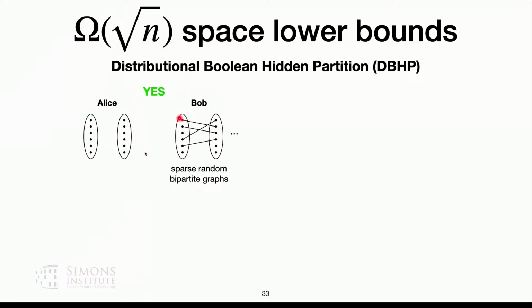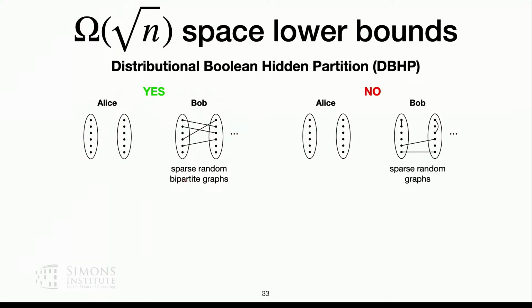All he sees are just some random edges. And the promise is that in one case, the edges are going to respect the partition. And in the other case, again, Alice gets the same random partition, but Bob is going to get some sparse random graph that doesn't have to respect any partition information. The idea is that you want to distinguish between these two cases, let's say with some good constant probability.